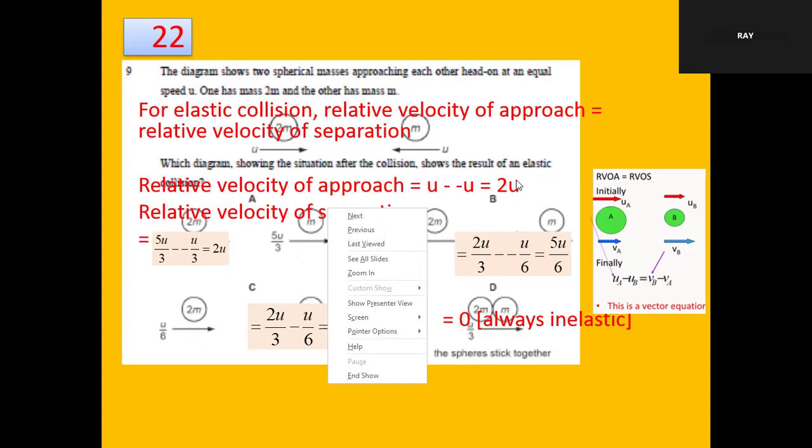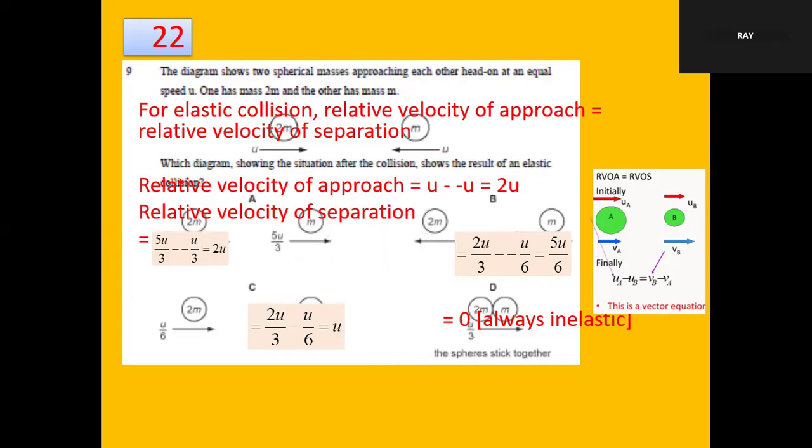Relative velocity of separation, both of them moving at the same speed. How is M able to push 2M? You don't have to worry, you just look at the picture, that's all. Likely it is A, because this has greater momentum, this has less momentum, so this is likely to move to the right.